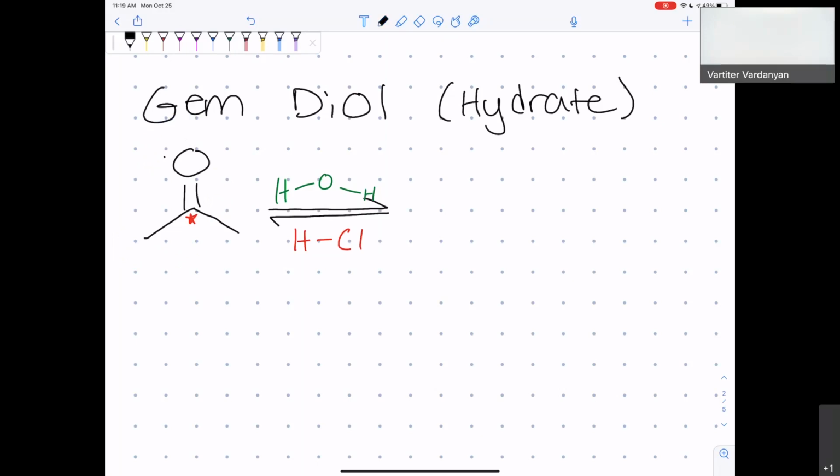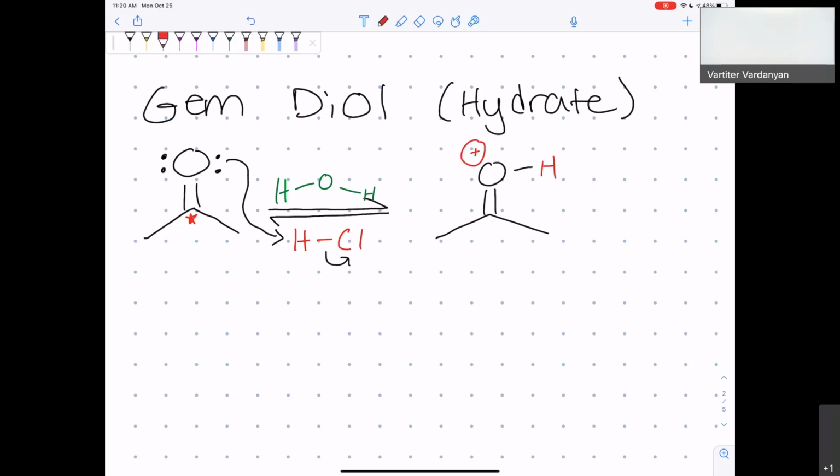So the first thing we're going to do is make it more electrophilic. The way we do that is by protonating our carbonyl. So we get, and I'm going to try and keep the color coding.